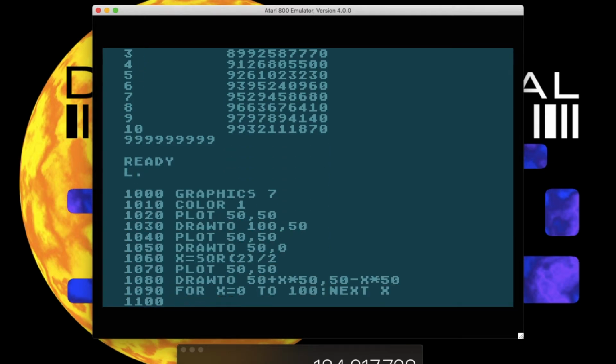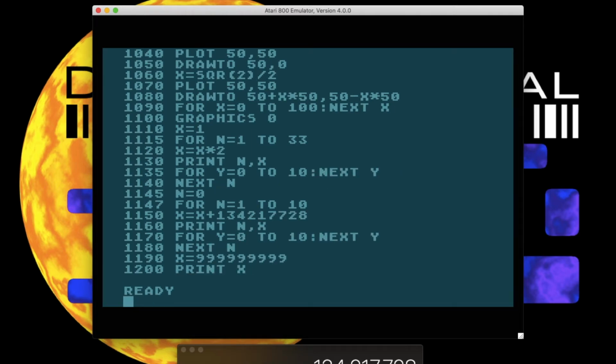So we want to find the square root of 2. Square root of 2 divided by 2 is pi over 4, so you can do square root of 2 times 2 and you get pi.